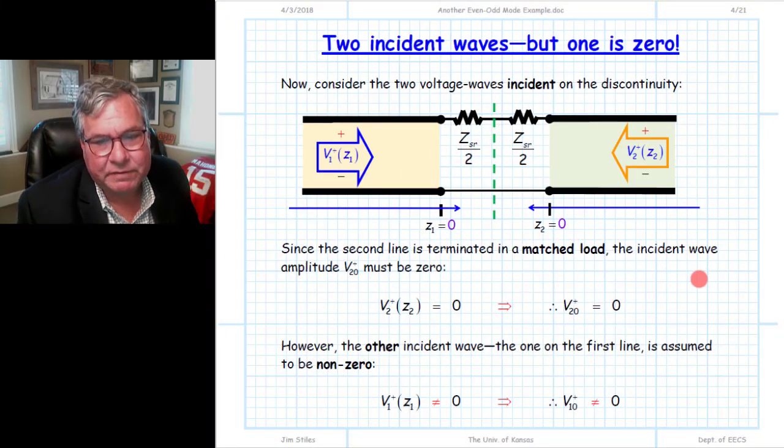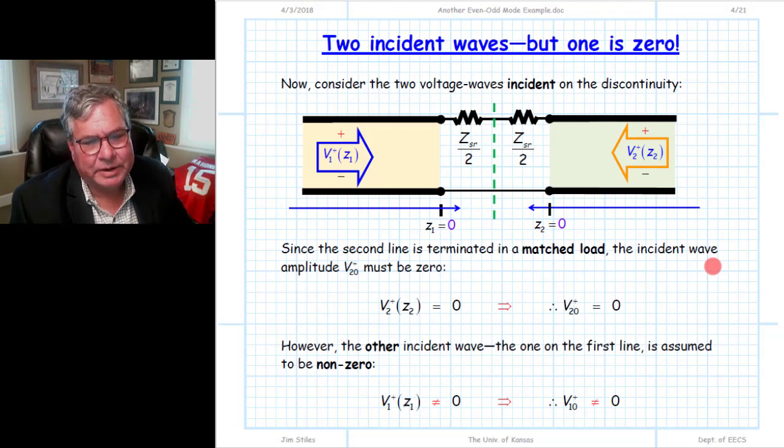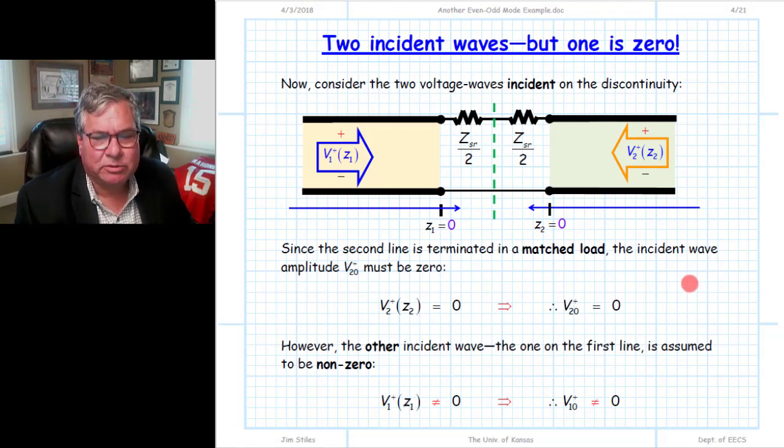If you recall from previous analysis, what we did was try to determine the relationship between the waves incident on this two-port device, the waves that were propagating down toward this structure, and the waves that propagate away from the structure, which we defined as the scattered waves.